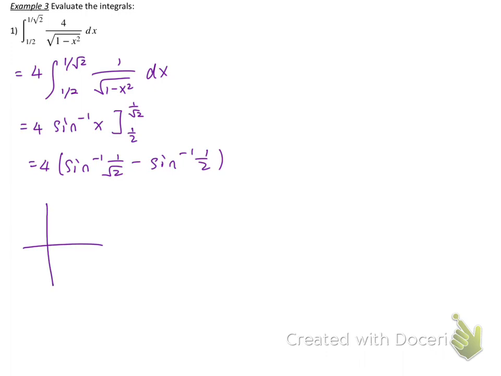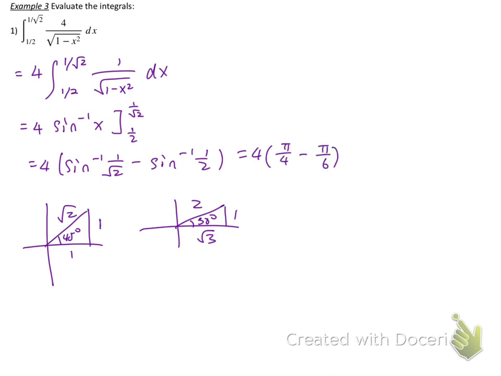Okay, they are both positive in quadrant 1. I'm having opposite over hypotenuse, and opposite over hypotenuse. This is 1 over radical 2, and this is 1/2, with the radical 3 side. So 45 degrees and 30 degrees, in radian measure, would be 4 times pi over 4 minus pi over 6.